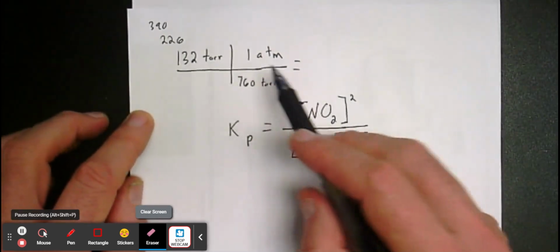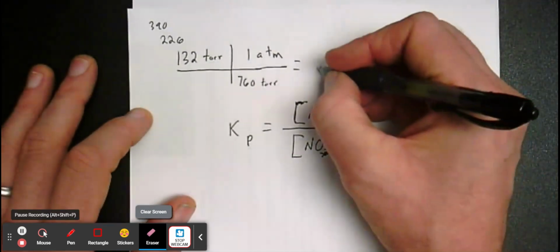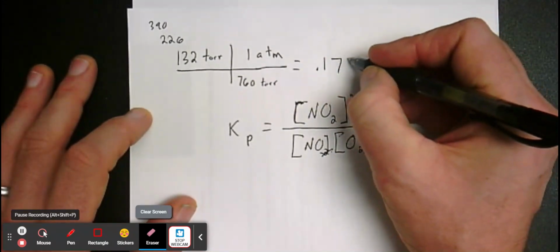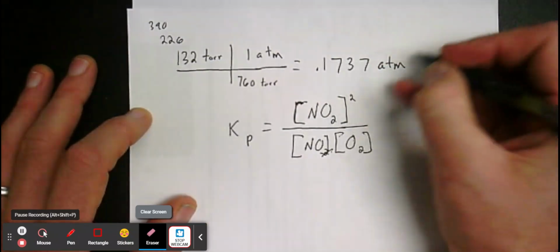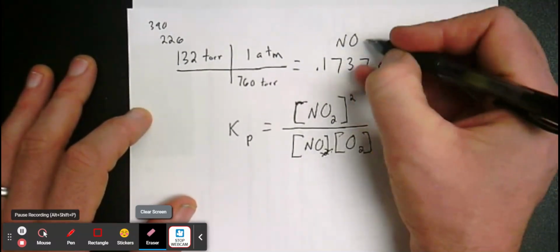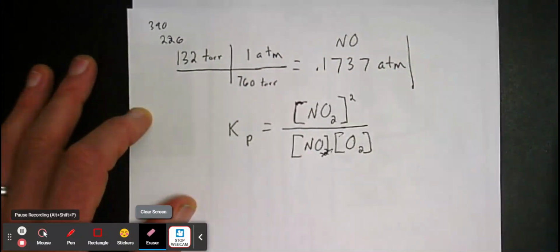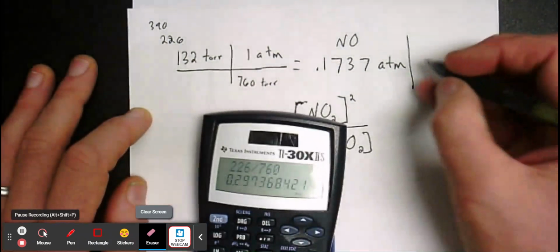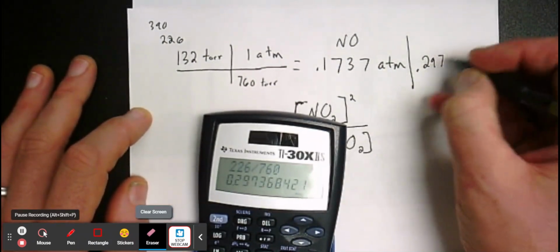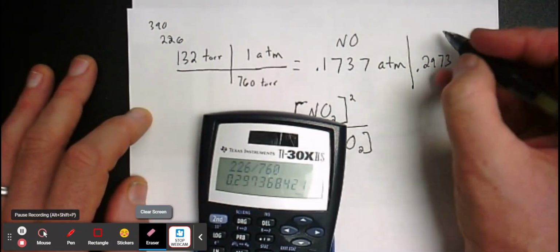So 132 divided by 760 is 0.1737 atm, and that was for NO. 226 divided by 760 is 0.2973 atm, and that is for O2.